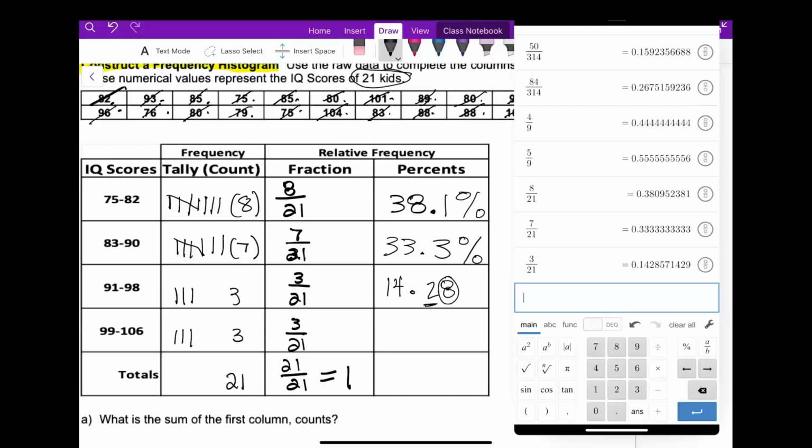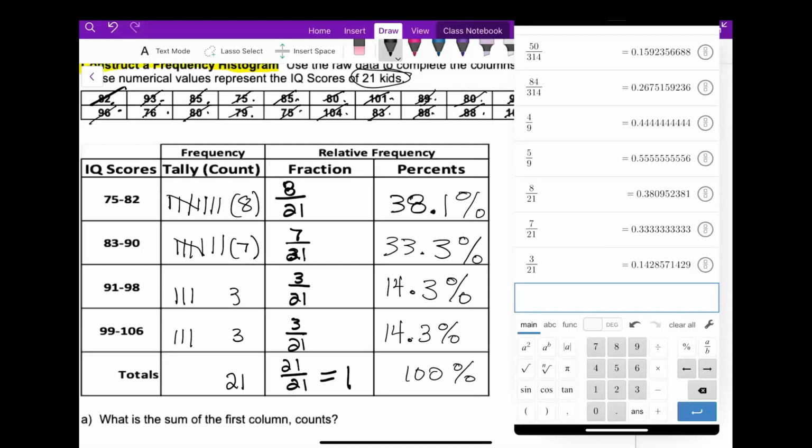I'm doing one decimal place, so this 8 is 5 or more. This will be 3. The next one is the same. And the last one should be 100%.